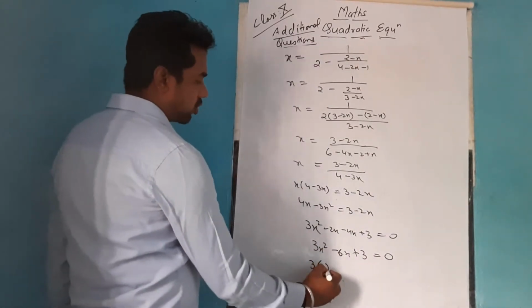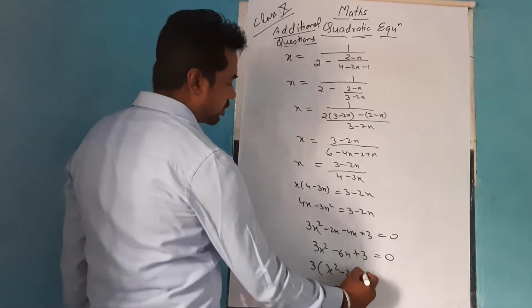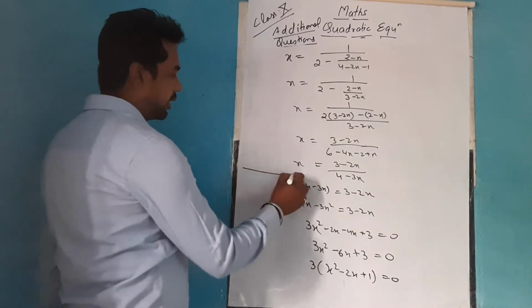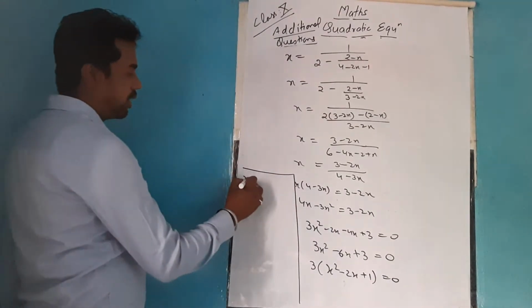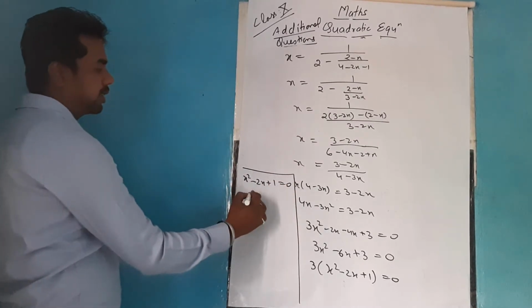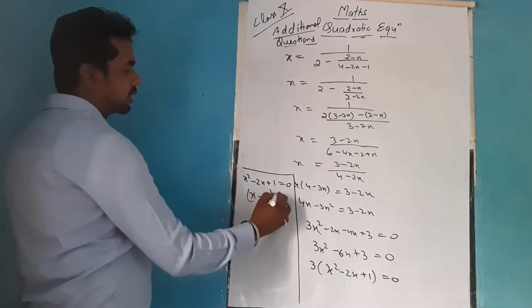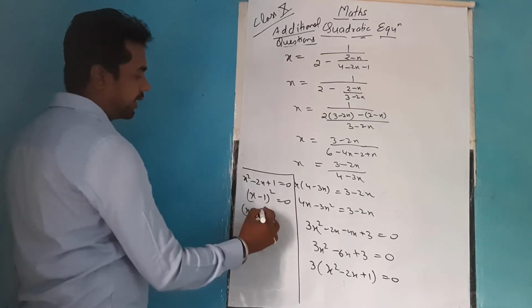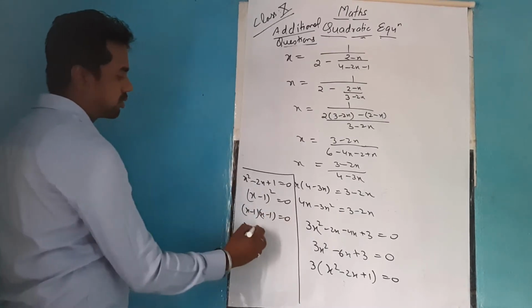When you take 3 as common, that becomes x square minus 2x plus 1 equals 0, which, as it is in the form of an identity, is (x minus 1) whole square equals 0, which can also be written as x minus 1 equals 0.